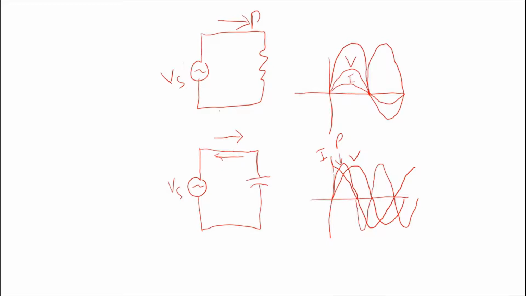What is happening here? The voltage source is sending the energy, and it is being stored in the capacitor. In the next quarter, the capacitor will release its energy to the voltage source.